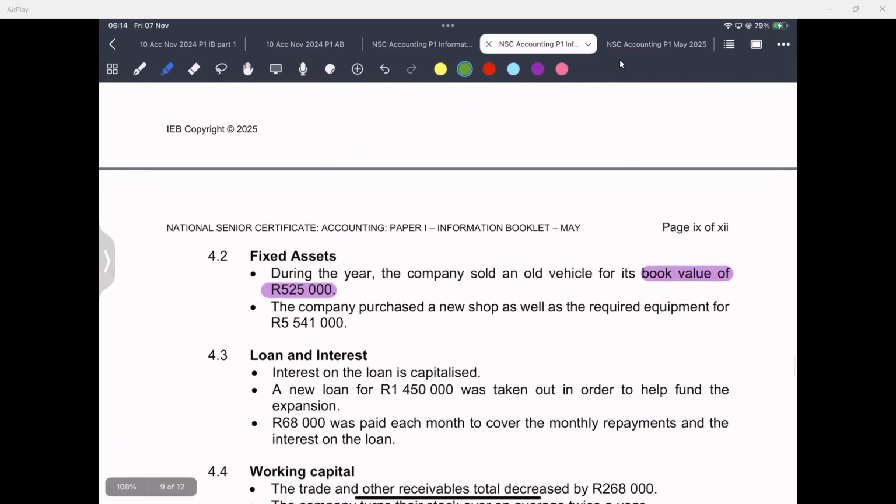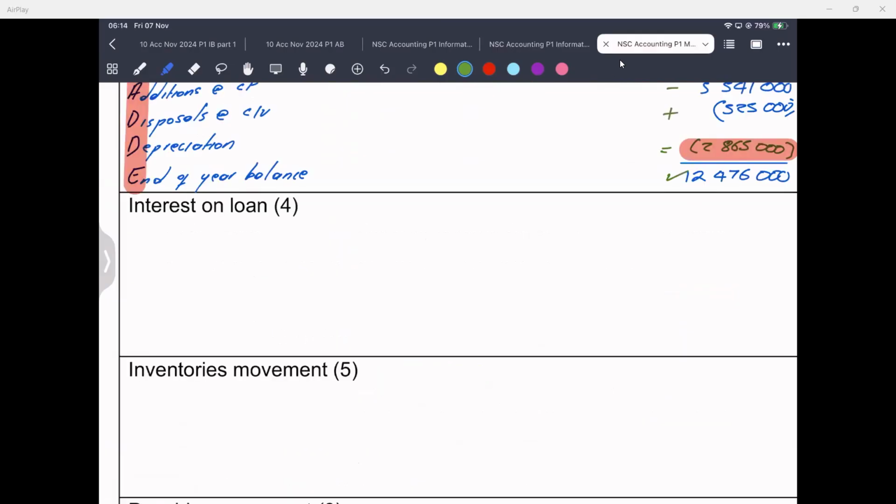It says interest on loan is capitalized. If interest on loan is capitalized, you do not need to draw the timeline or the financial year.